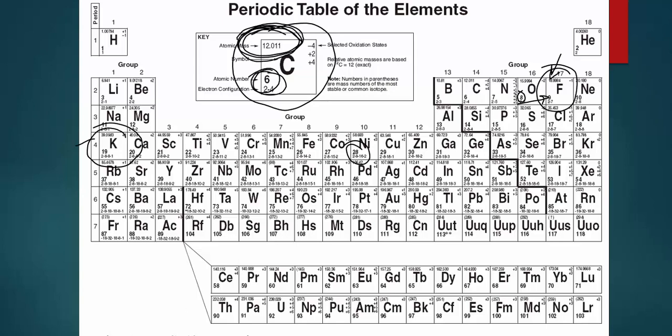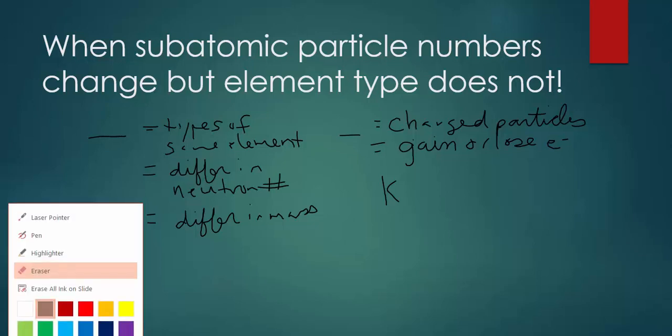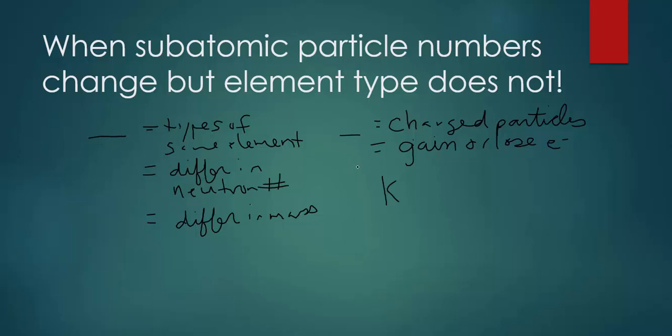Potassium has a mass of 39 and an atomic number of 19, so let's do that. So potassium, 39, and 19. Now normally the number of protons would be 19.